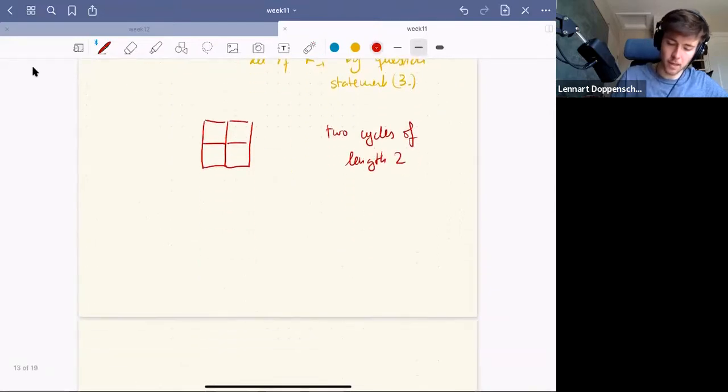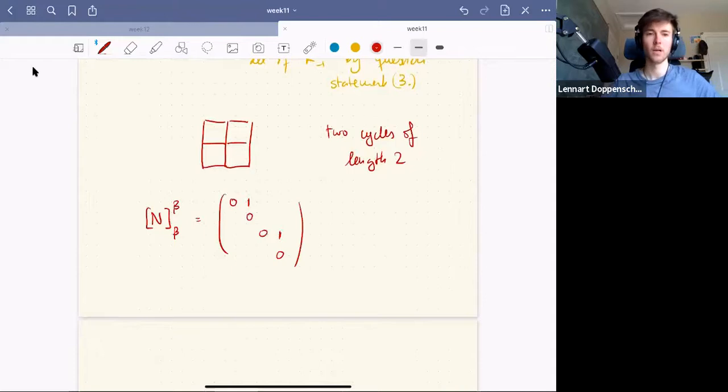And this means that the nilpotent transformation in some basis will have the form 0, 0, 0, and then just 2 cycles. So we have just these 2 nilpotent blocks of length 2. Any questions about that, because we covered that, I think, 2 weeks ago.